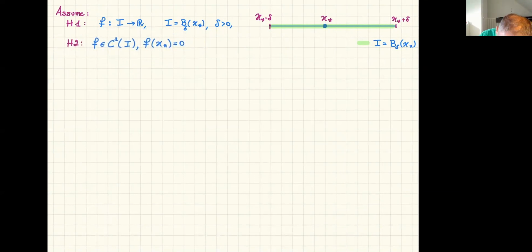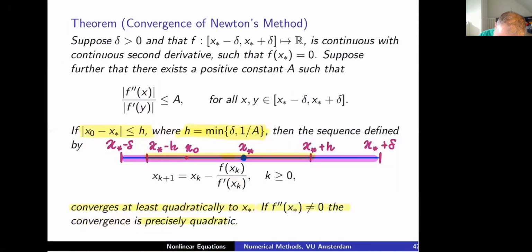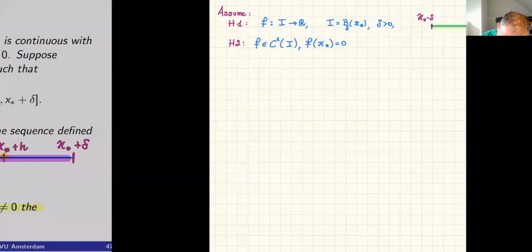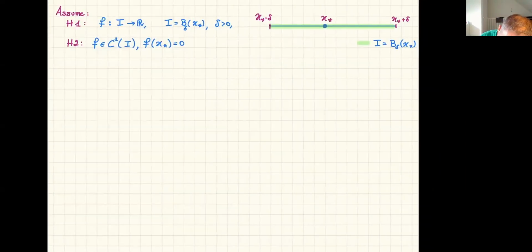Now, let me move on further. In here, now we have the existence of what we call the exotic condition. So let me try to restate it. It states something about f double prime and f prime for any x and y in the interval of definition. So I can now write this down here as a separate hypothesis, H3, pardon.